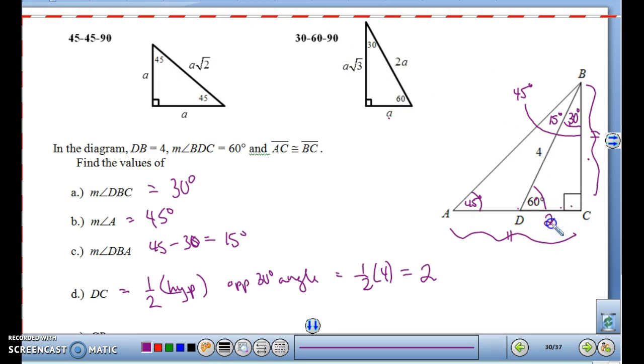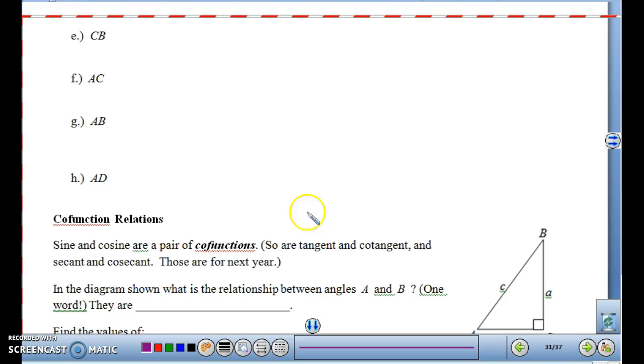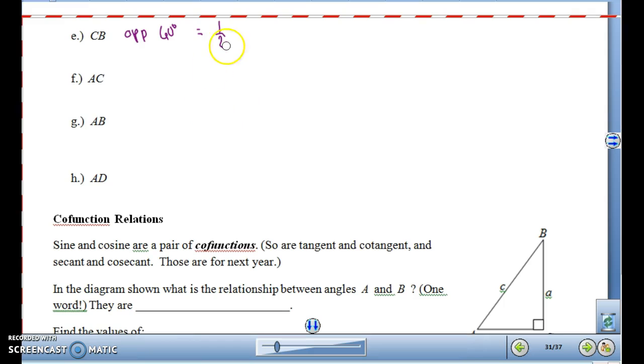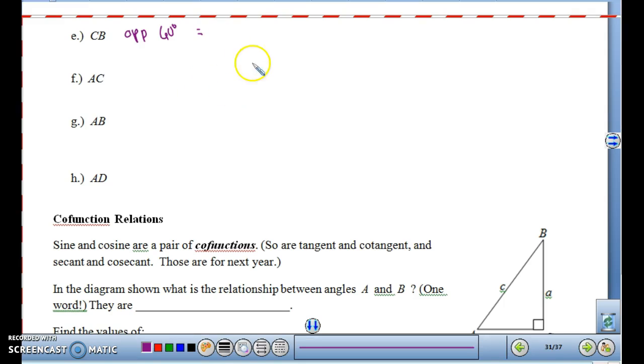So if this is 2, that means that this is going to be 2 times the square root of 3.